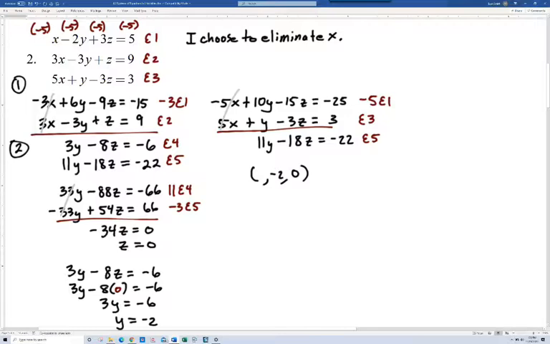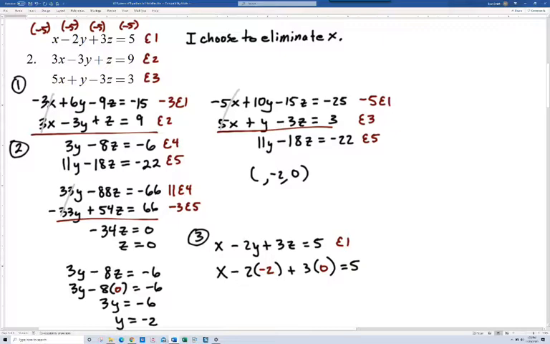All right, so let's see. I need to find x, so we could use any of the first three equations. Why don't we use equation 1? Notice we're in step 3 now. So we have x minus 2y plus 3z is equal to 5. And we're going to plug in negative 2 for y and 0 for z.